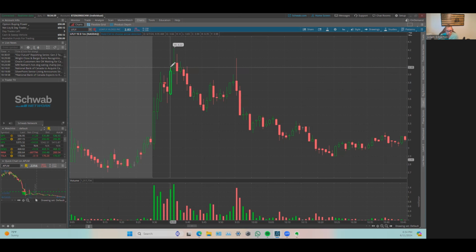It popped up here, hit 4, came back down, and then it popped over here to like 4.05. And I literally start counting. I go 1, 2, because I want to see if it rejects like it did over here. If it just pops up to 4.05 and then stuffs back down and this candle turns red, there's no sense getting out.